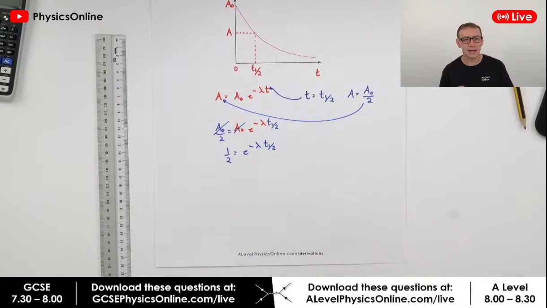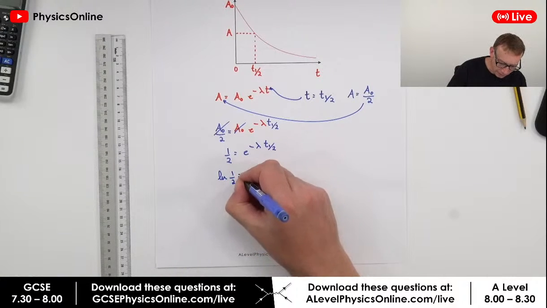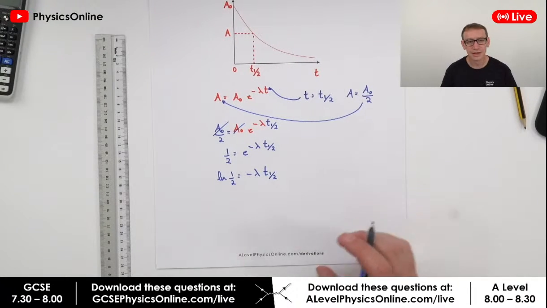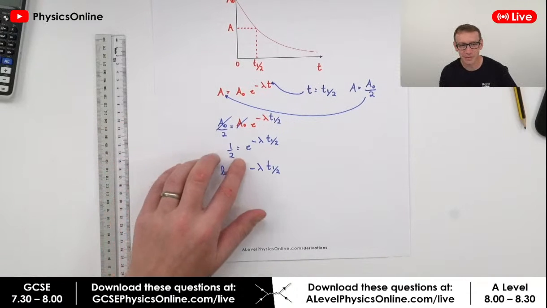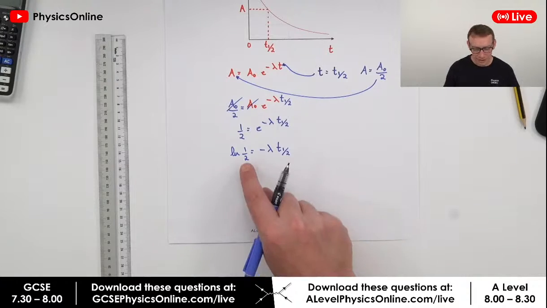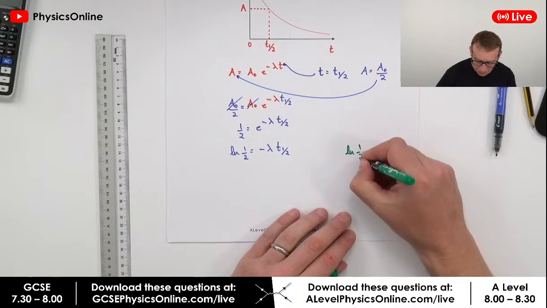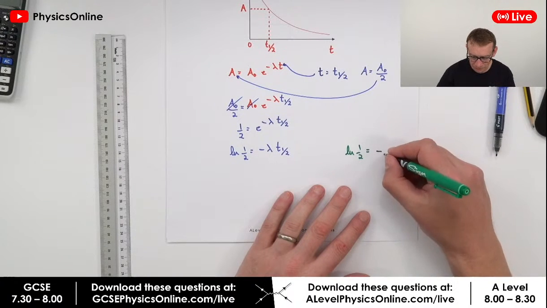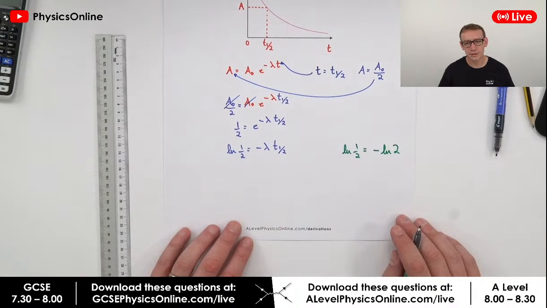We can then take the natural log of both sides to say that the natural log of a half is equal to minus lambda t1/2. And again, this is why I started doing work on natural logs, which I think hopefully if you're in year 13 you're following at the moment. Now the other thing is that the natural log of a half is equal to, is it minus the natural log of 2?